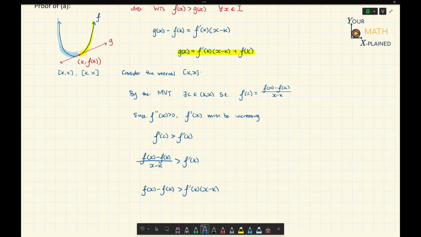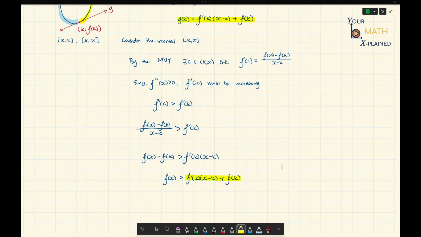And finally, we're going to isolate f of x, so we get f of x is greater than f prime of k times x minus k plus f of k. But notice that this is just what we highlighted above, and that's equal to g of x, which means we get f of x is greater than g of x.